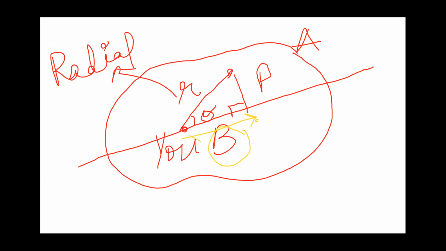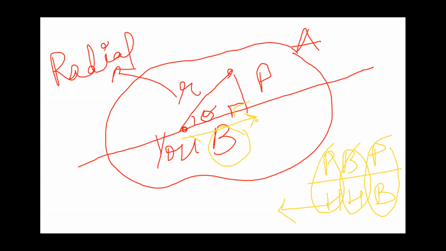Then we will apply our trigonometry. We know that this angle is 90 degree, as the perpendicular is drawn from this point. In trigonometry, p upon h, b upon h, and p upon b are sine theta, cos theta, and tan theta.